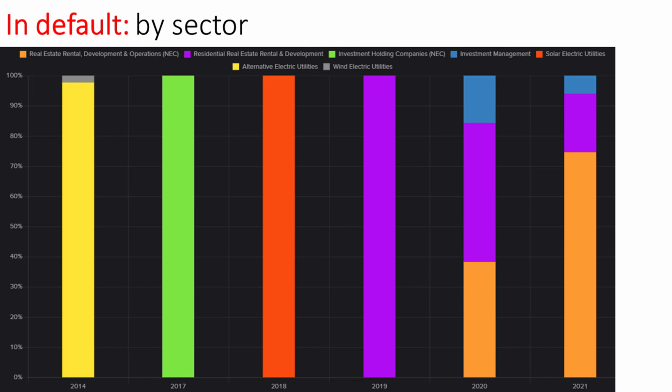Alternate electric utilities was in 2014, and also we can see that this was completely related to the real estate business, and also this one as well. So right now, green bonds are failing because of the real estate sector.